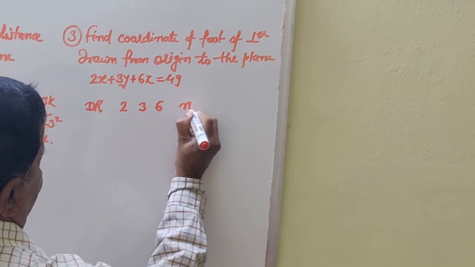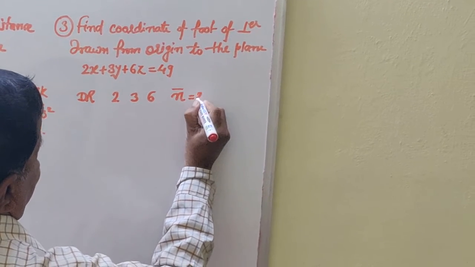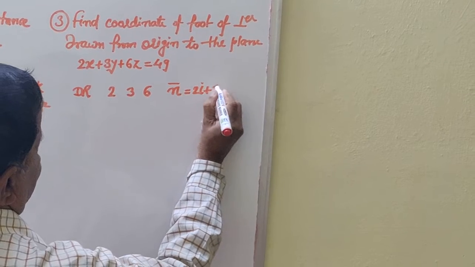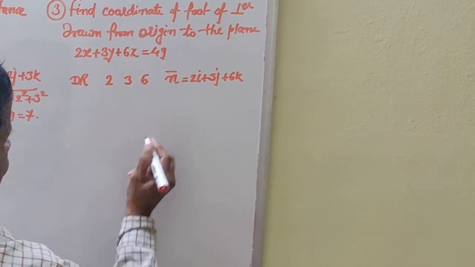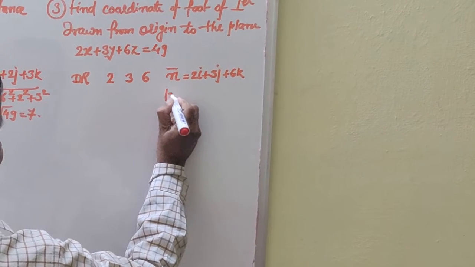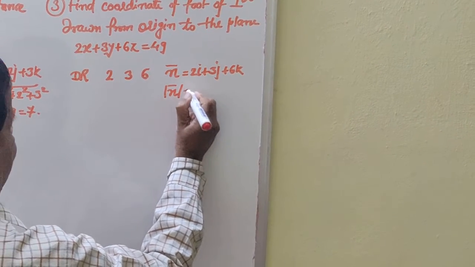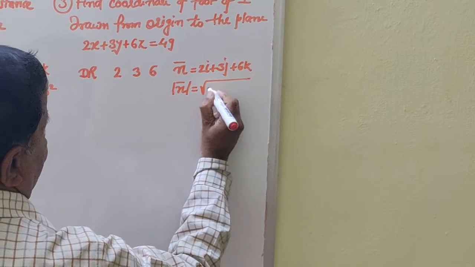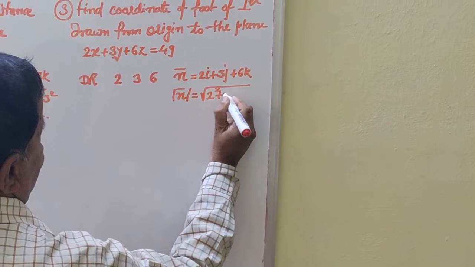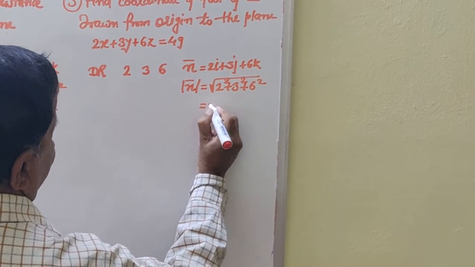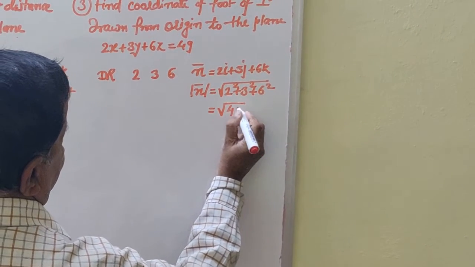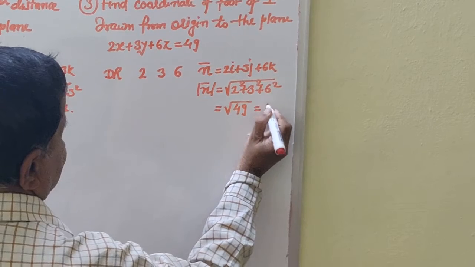Now n is equal to 2i plus 3j plus 6k. Now I will find its magnitude: the square root of 2 squared plus 3 squared plus 6 squared. Again root 49, that is equal to 7.